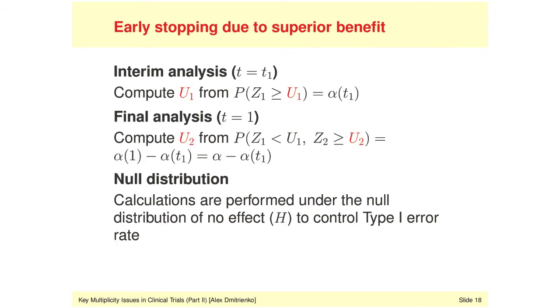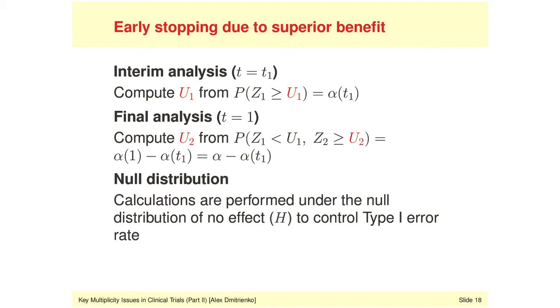This slide shows us how we can use a predefined alpha spending function. This could be a Pocock or O'Brien-Fleming spending function to derive adjusted significance levels at an interim analysis as well as the final analysis. Here we're going to look at uppercase U's, which means that we're looking at a stopping boundary on the test statistic scale.